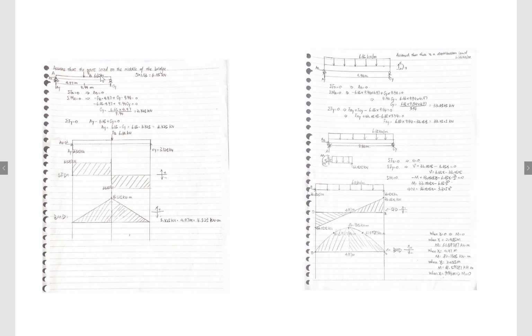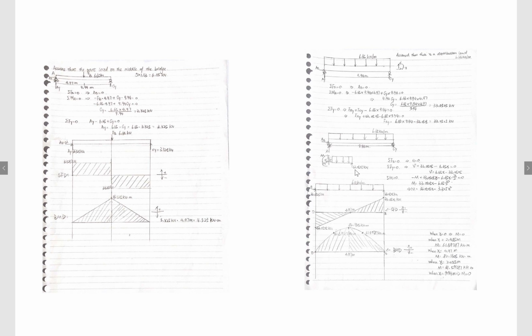First of all, we assume the point load and the distributed load, which are 6.65 kilonewton and 6.65 kilonewton per meter respectively. Here is the procedure I used to analyze the reaction force, and using the data calculated here, I can draw the shear force diagram and the bending moment diagram.